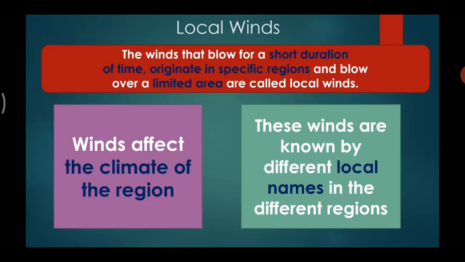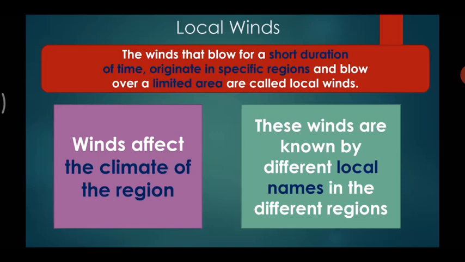They only blow in a particular area or region. So what are the characteristics of the local winds? They blow for a short period of time in a specific region and cover only a limited area.